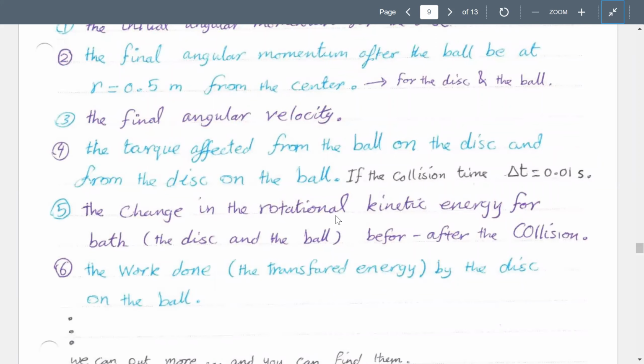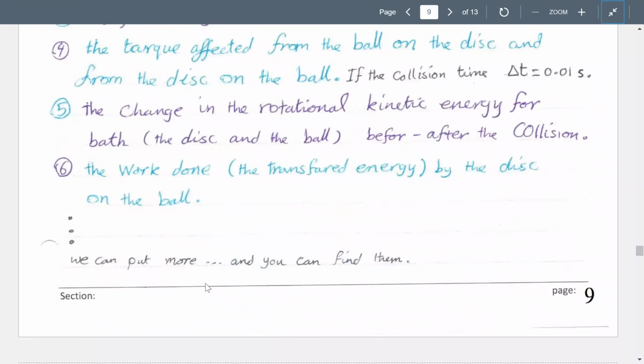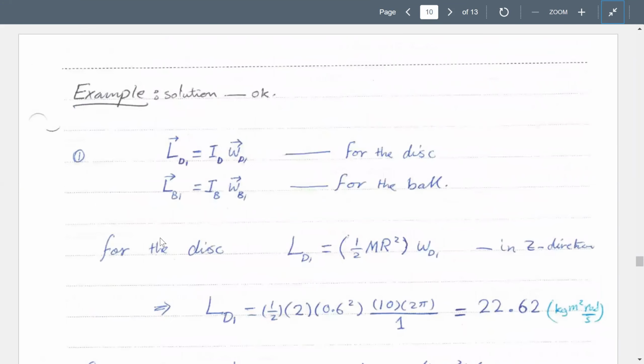Okay, the change in rotational kinetic energy, the kinetic energy initially, the kinetic energy finally, the work done by the disk on the ball, and we can find many things. Let us start these calculations.